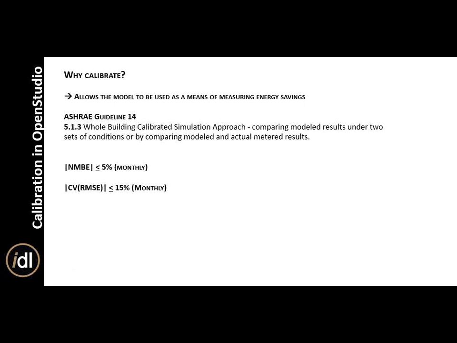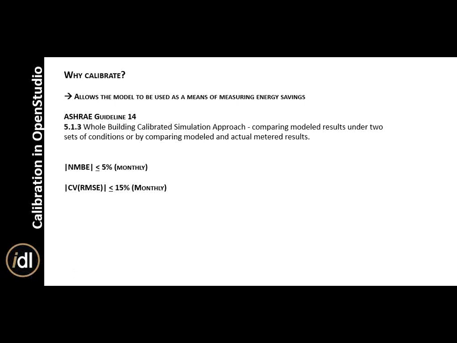Basically, these are both different ways of measuring how the model's monthly performance, electricity or gas demand, is comparing with the actual building utility bills. So for a monthly calibration, this has to be within 5% for the NMBE, and you'll double each of these numbers if you're looking at hourly data.